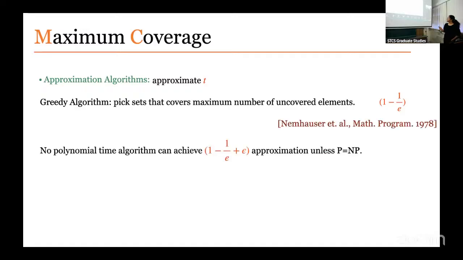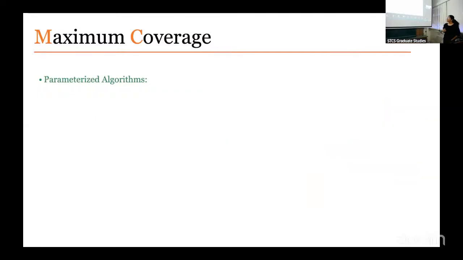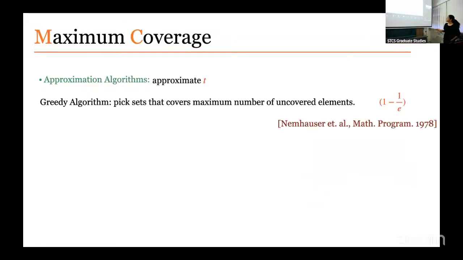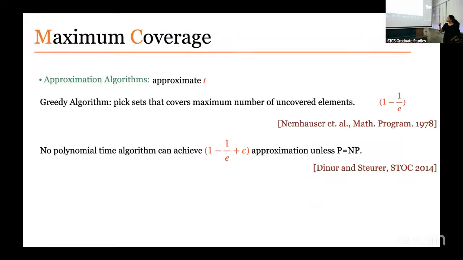This is a very old algorithm and we cannot improve it in polynomial time. So this result basically closes the door on approximation algorithms in some sense, right? We have 1 minus 1 by e and in polynomial time we cannot improve it.